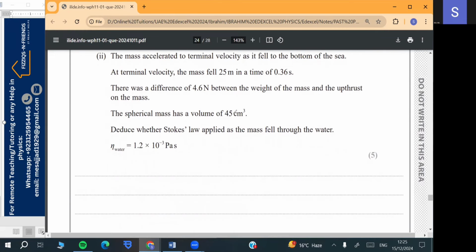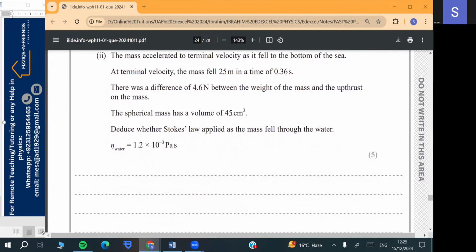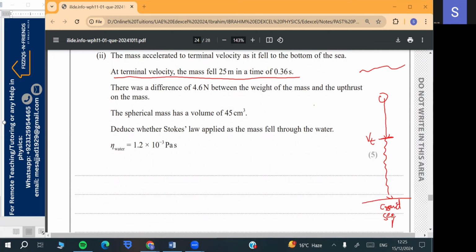First of all, they have given you the distance at terminal velocity. For example, it is falling down, and at this point it achieves terminal velocity. After this point, the body will go down all the way to the sea floor, covering 25 meter in 0.36 seconds.